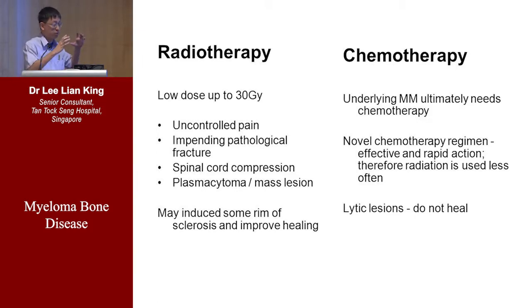Quite often it causes some enhanced sclerosis and improved healing. Chemotherapy itself will not lead to healing of this sort of lytic lesion, whereas radiotherapy can potentially improve it, although it may not be complete.